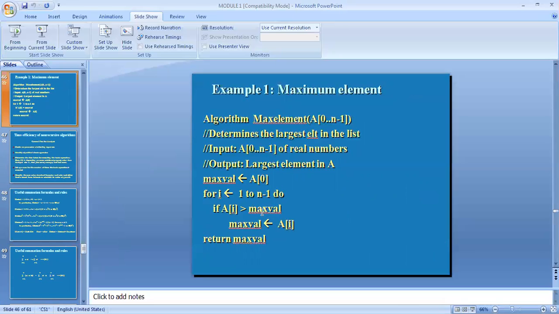It's executed n minus 1 times. So it's easy to compute, because it is nothing else but a 1 repeated n minus 1 times. Thus, analyzing the non-recursive algorithm here, the value is n minus 1, which belongs to theta of n.